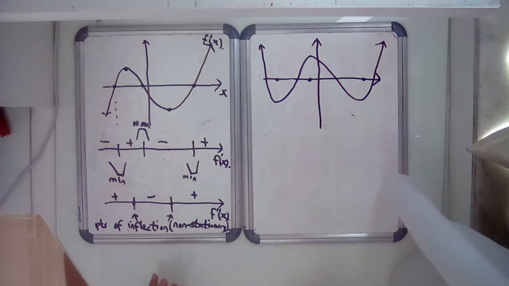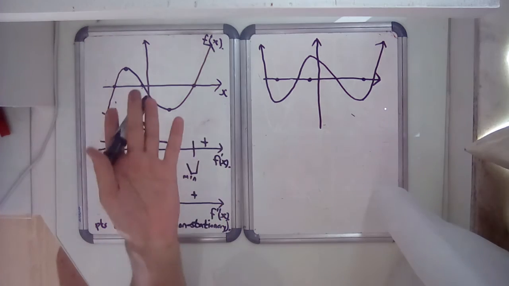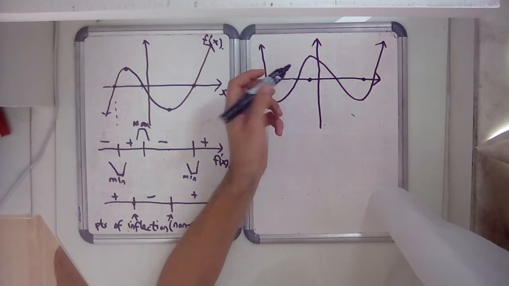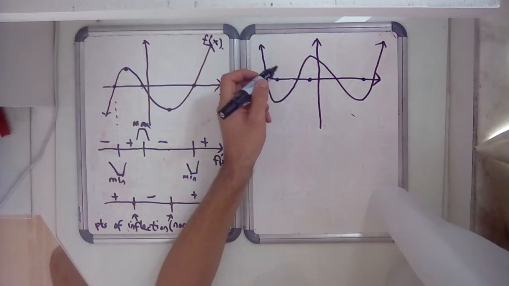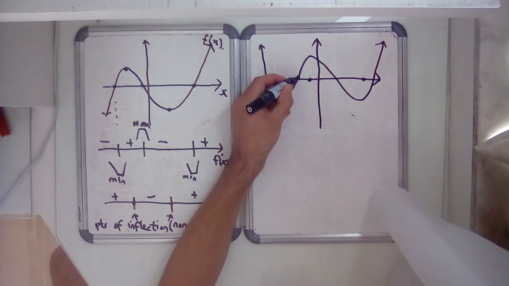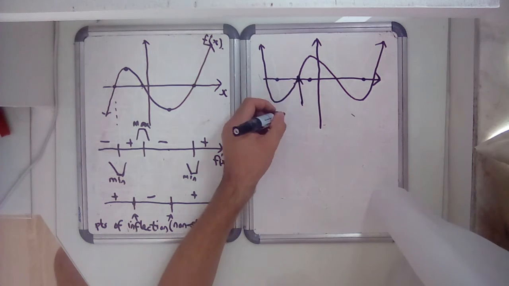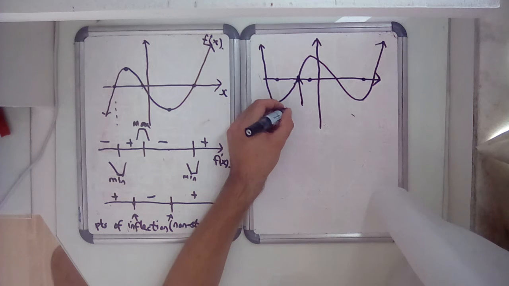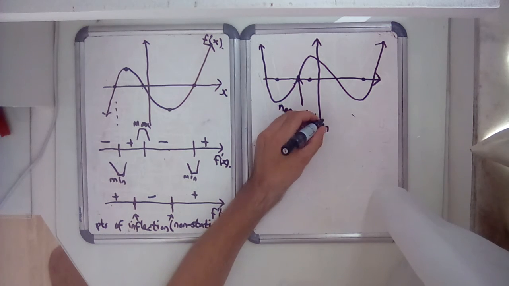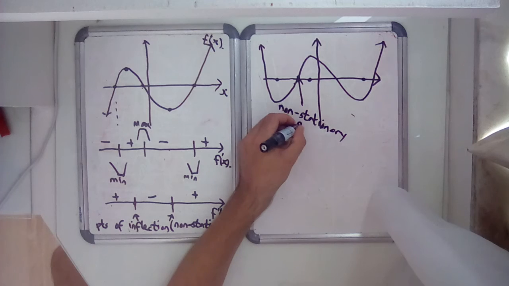Right, so then it might be, I've not drawn it brilliantly, because this really should probably be in between these two, but I'm just going to lay it up, so somewhere like that is going to be, let's call that point a non-stationary point of inflection.